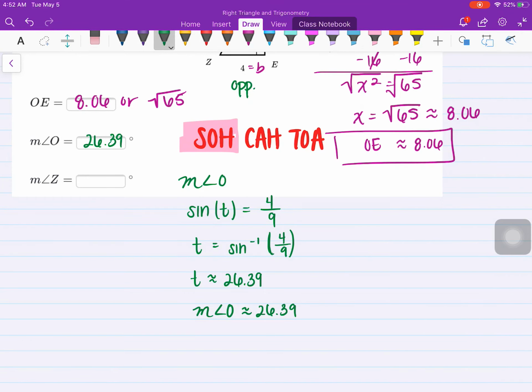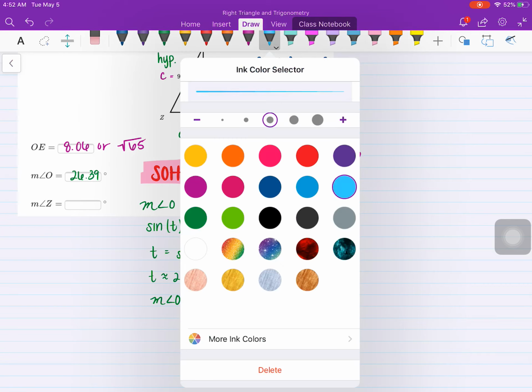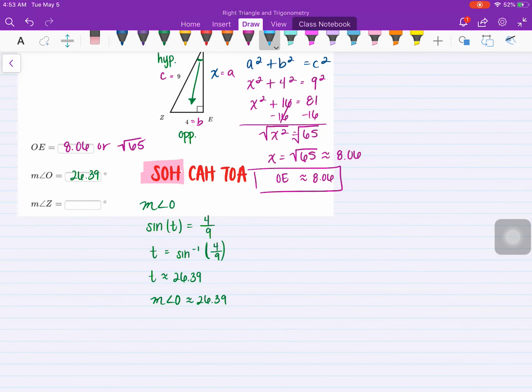So then we're looking now for z, the measurement of angle z. In order to do this, now we're basing it off this one here. If I look at the side opposite to that, it's going to be the side x.